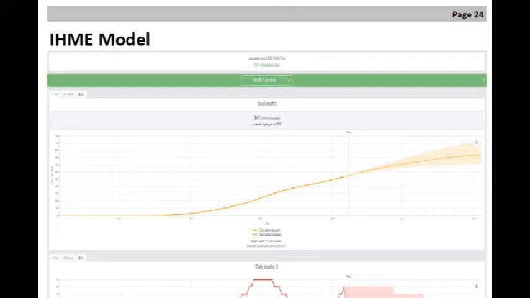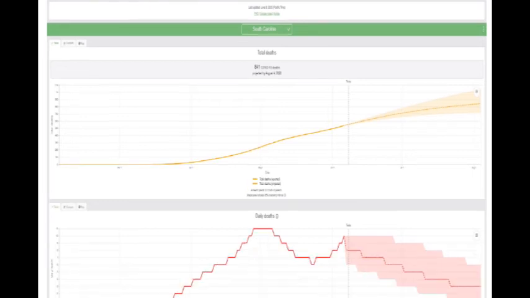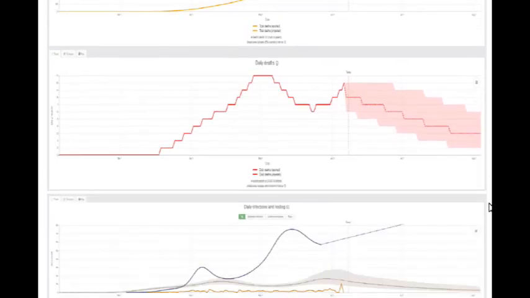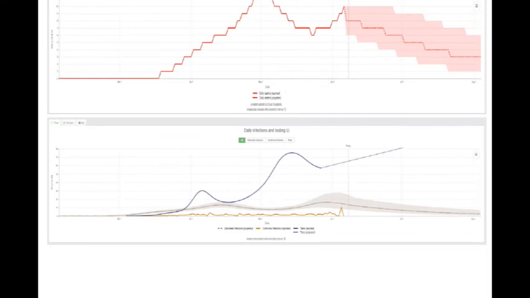Remember, the U.S. interventions model showed 7,000 deaths in South Carolina by September. This model is showing 841 by August 4th. The model shows things such as daily deaths, daily infections and testing, hospital usage, and social distancing.